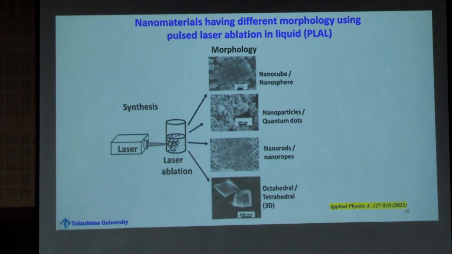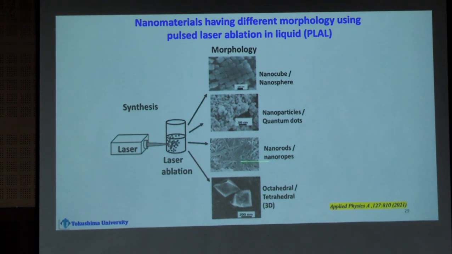We are using laser ablation, and we have created this kind of structure in our laboratory. So this is nanocube, this is nanoparticle, quantum dot, these are nanorod, nanorope, and this is octahedral structure. All these structures are created in our laboratory. This is tin oxide structure.